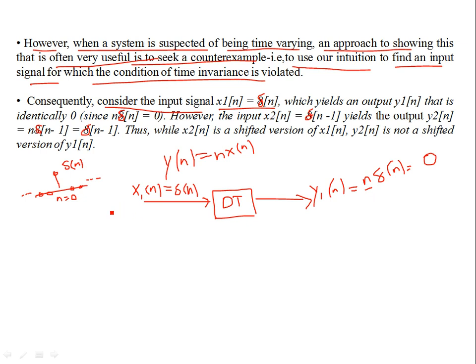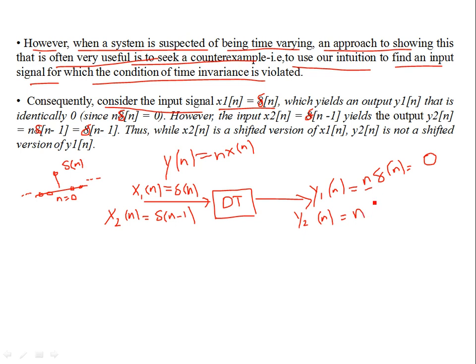Now what happens when I have another input x2 of n, delayed by a unit sample, equal to delta of n minus 1? Do I have an output y1 of n minus 1? Look, y2 of n becomes equal to n times delta of n minus 1. We are not changing n; the n stays the same.